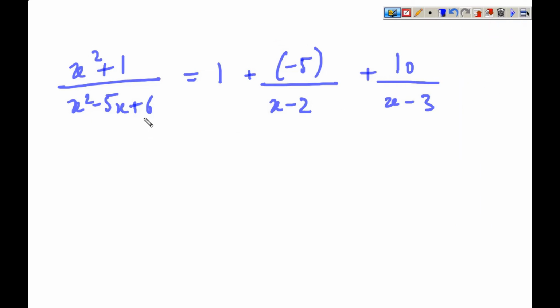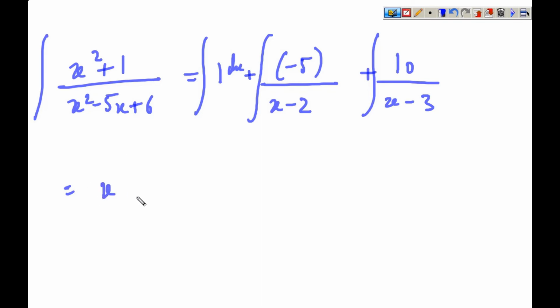So now, we can simply integrate each term individually. So we can rewrite this. Finding the integral, we get the integral of 1 is x, then the integral of minus 5 is a constant, we'll keep it outside, and then we just need to find the integral of 1 by x minus 2.